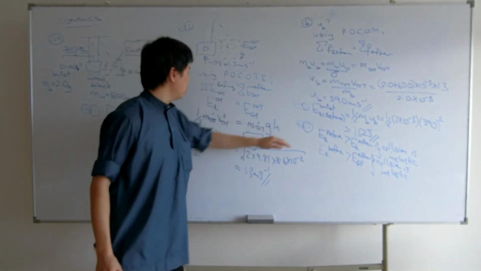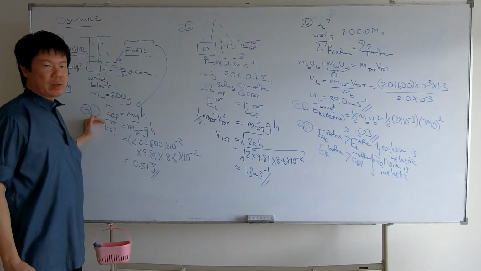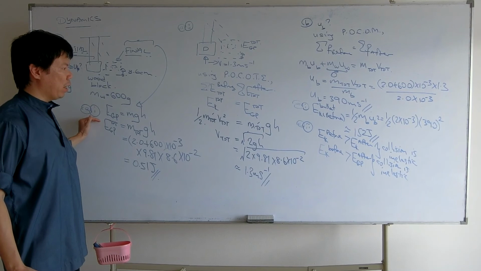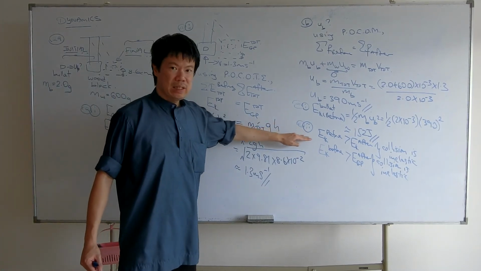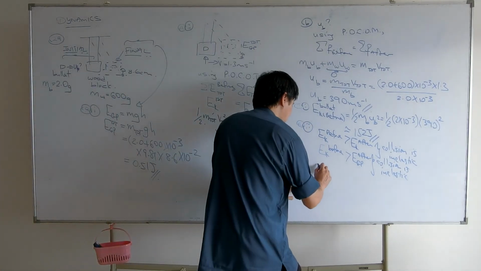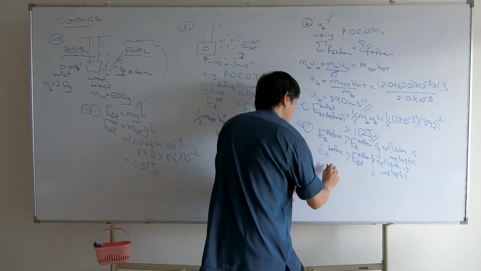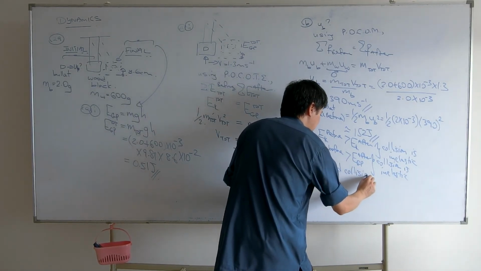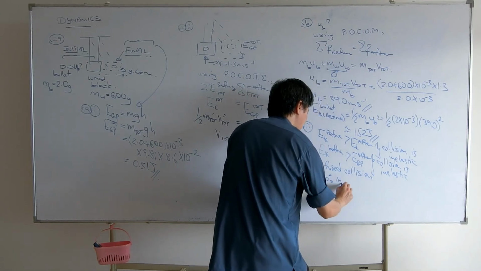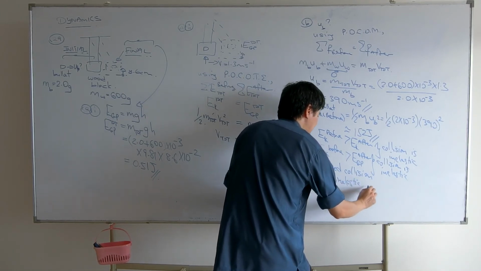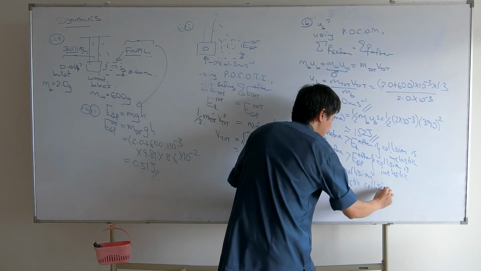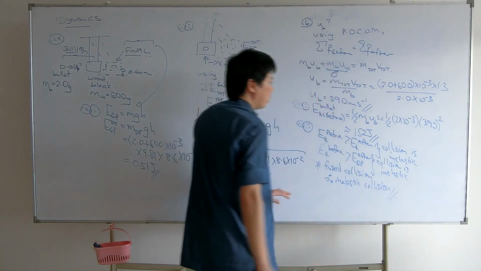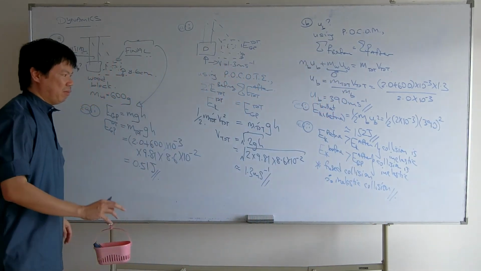Because they asked us to use this value, you have to use this. If they didn't ask us to use A1, I would have stated this, and I would also note down fused collision, therefore inelastic collision. The question is not exactly nice.